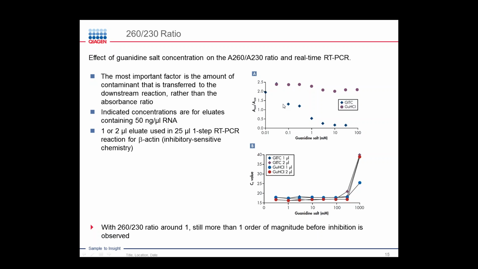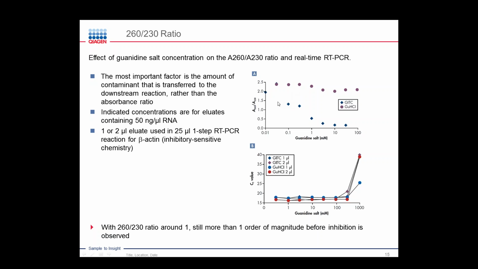There's nearly no change in the 260/230 ratio for guanidine hydrochloride. You can see this here. Even with increasing amounts of guanidine salt, there's no change of the 260/230 ratio. The ratio is around 2.